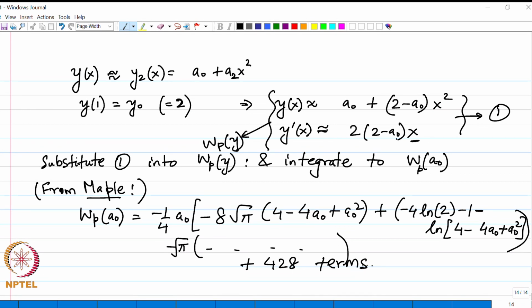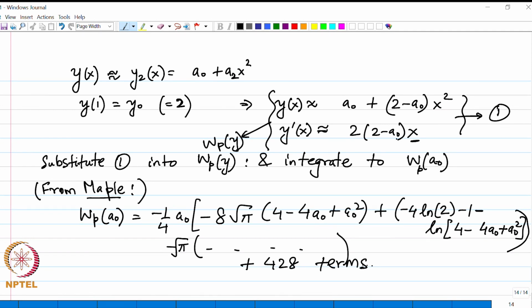What I am trying to show here is that finding the optimum solution of W_p, or finding the optimal value of a naught, by hand is almost impossible. We cannot just take the first derivative and set it equal to 0 and find the solution analytically.